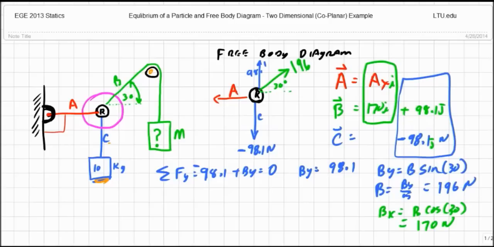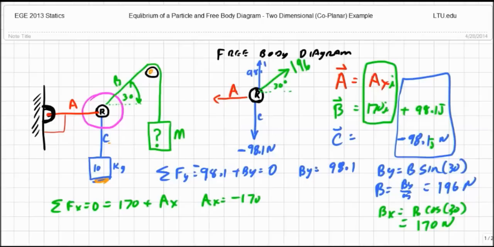Now I can look at the x-axis equilibrium, and I can say that the sum of the forces in the x direction equals 0. I have 170 from B plus A x equals 0. I already have the 0 in there. So I can say that A x equals minus 170.